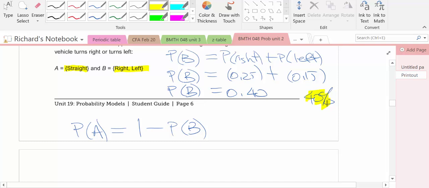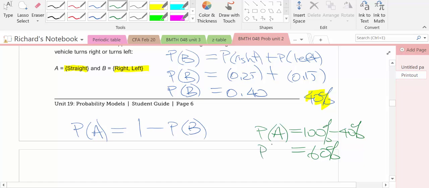I could also say the probability that event A occurs is equal to 100% minus 40%, that's 60%. So the probability that event A occurs is 60%. In other words, the probability that somebody's going to go straight is 60%.